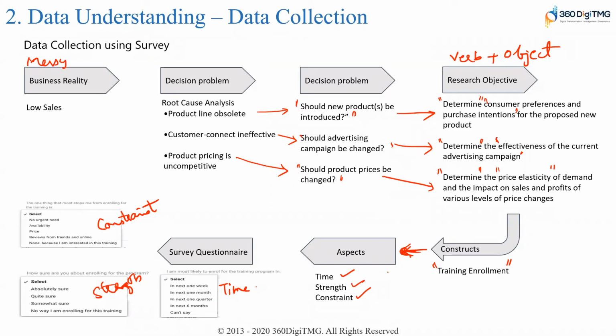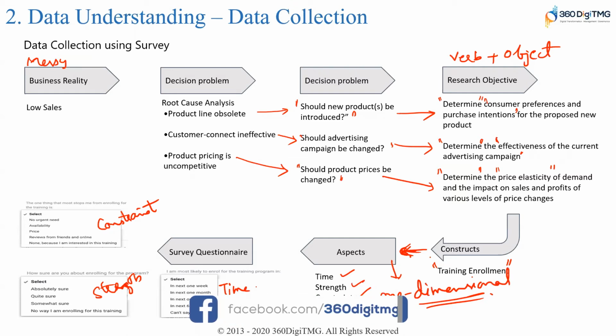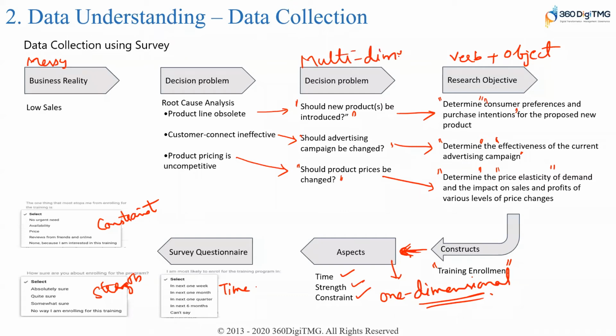Aspects are usually one-dimensional. When you add responses of all these one-dimensional aspects, you get responses to decision problems or research objectives, which are usually multidimensional. So multiple aspects will be there for a problem.